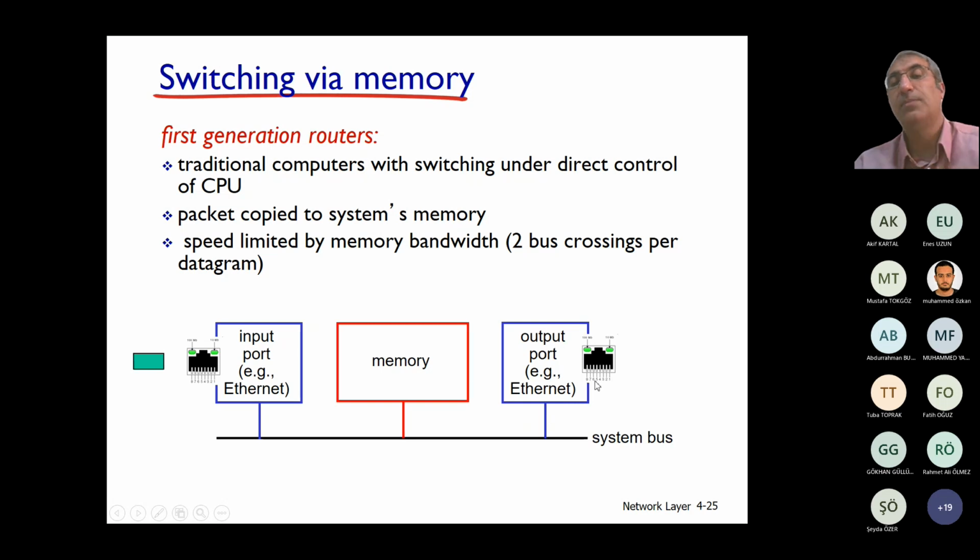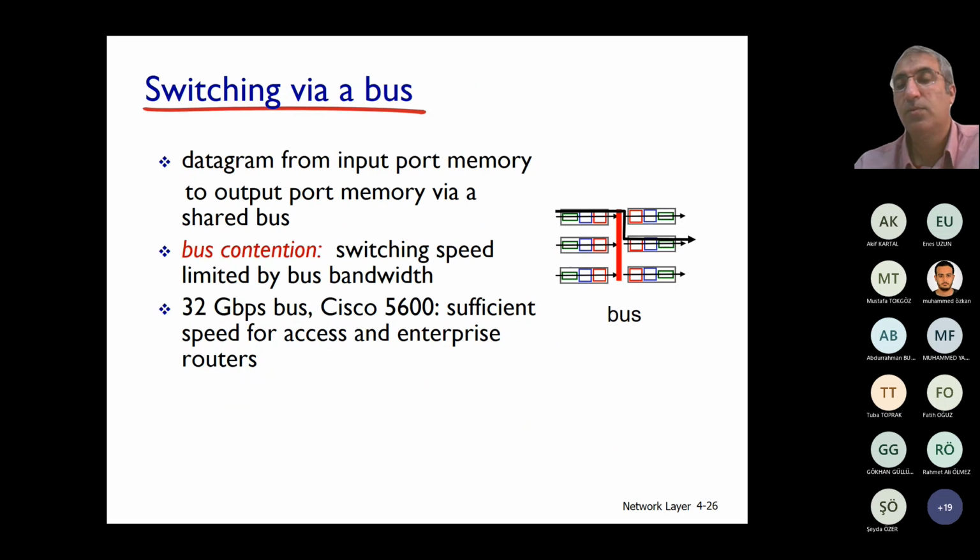And speed is limited by the memory bandwidth in this case. Let's look at the animation together. We have datagrams that we copy to the memory, and then they are passed to the output port. This is how it works in the first type of switching.